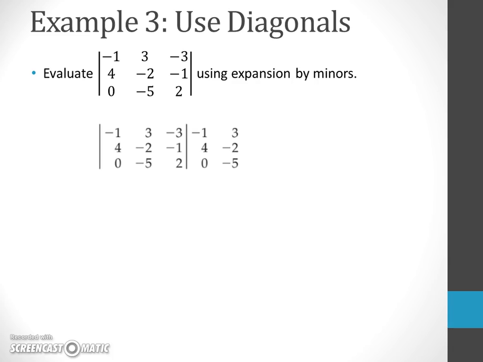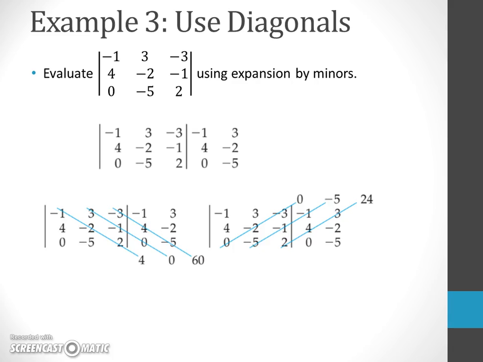Then we're going to find the products of the elements of the diagonals. So we're going to do -1 times -2 times 2, which gives us 4. Then we're going to do 3 times -1 times 0, which gives us 0. Then we're going to do -3 times 4 times -5, which gives us 60. On the right side here, we're going to do 0 times -3 times -2, which gives us 0. -5 times -1 times -1, which gives us -5.